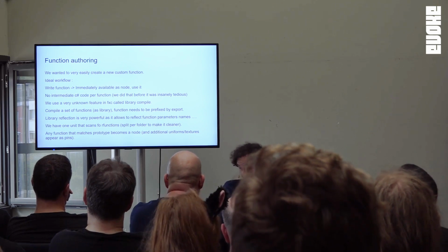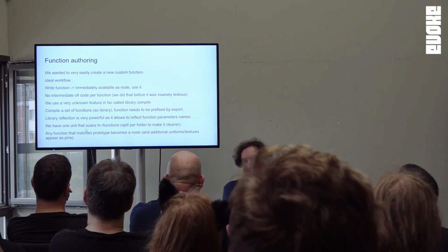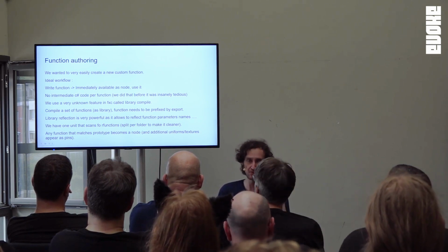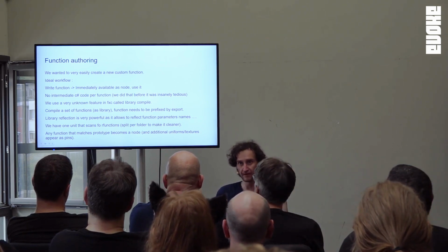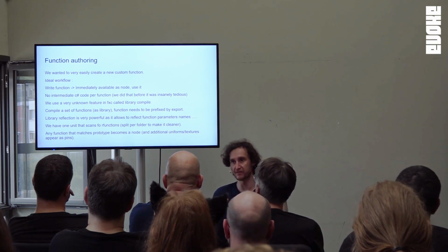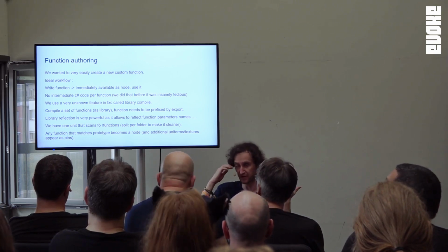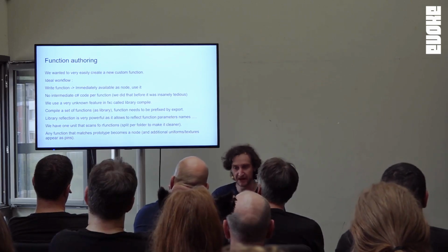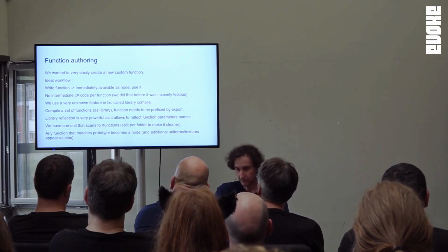And so, yeah, we have one unit that scans for the function. You also still have to have it folder-based to not have all the library in one folder. So, everything has to be in a specific folder for a specific type. It's just like what you would do normally, but at least I enforce it. And yeah, that's it.